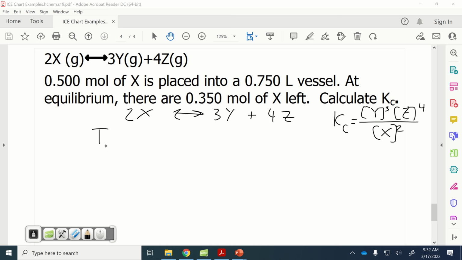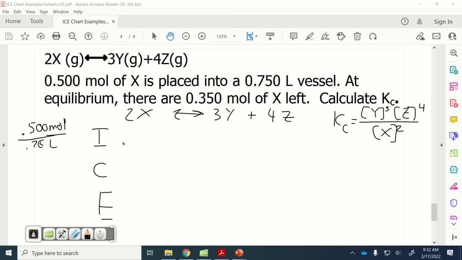Now this is, I guess, a little bit nice because it's only giving you the one number, and so we're starting off. Oh, I do need to find molarity. See, I almost made my own mistake. 0.500 moles divided by 0.75 liters. The nice thing is if you do this, you don't have to do it at the end. You're not sitting there going, oh, I need to divide by 0.75 again. Once you do this, everything will be a molarity from here on out.